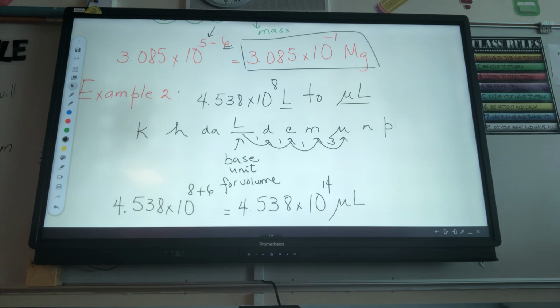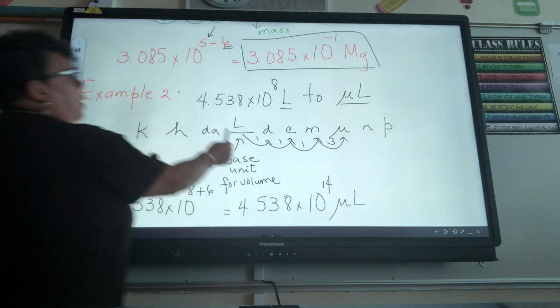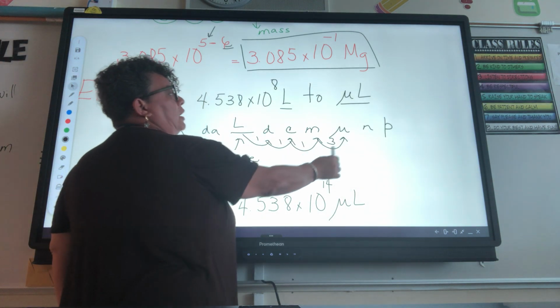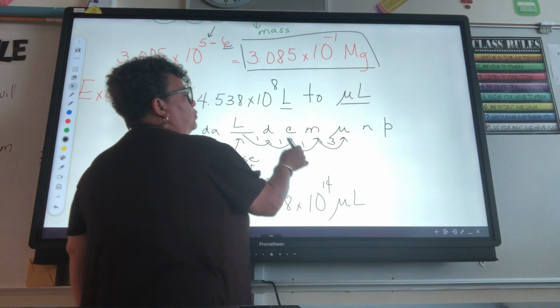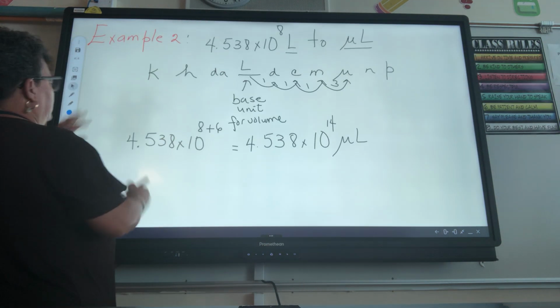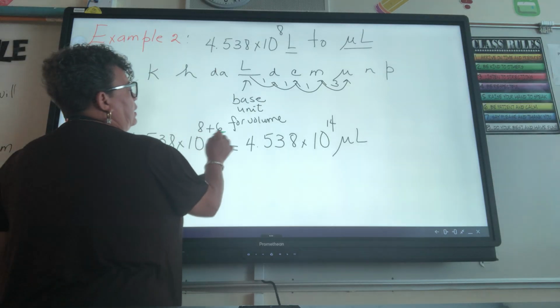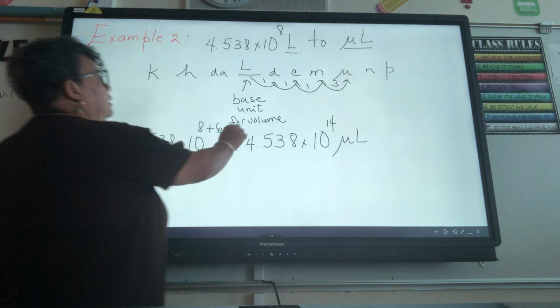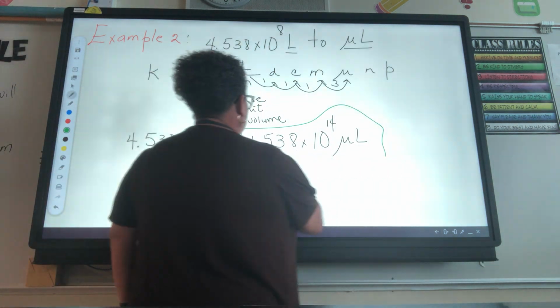Do I have to add or subtract from the exponent? I have to add. So, 1, 2, 3. And I know that after milli, I have to start counting by 3. 1, 2, 3 plus 3, 6. So I'm going to add 6 to the exponent. And I'm done. Is that difficult? No.